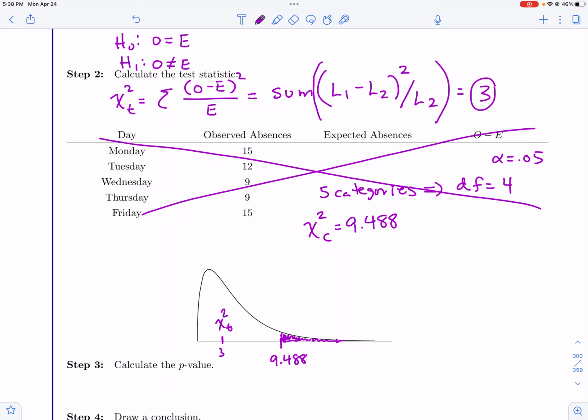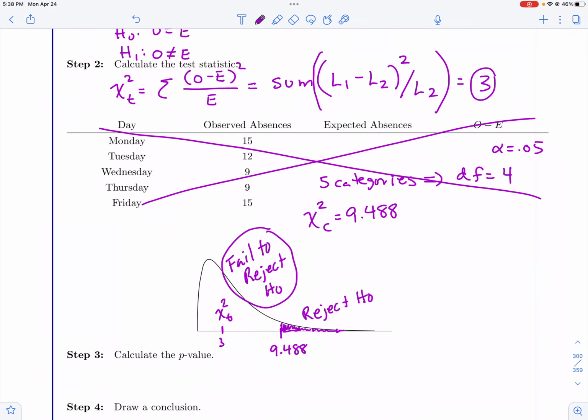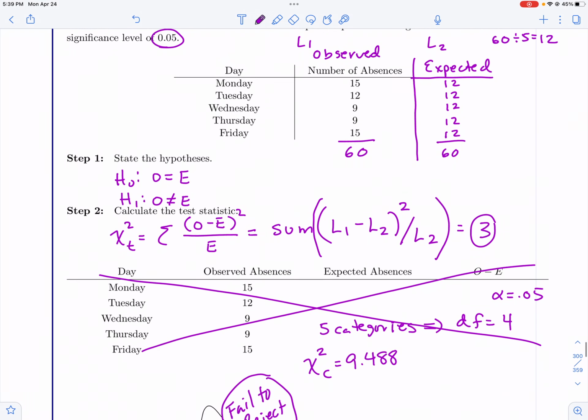And so again, just like before, if we're in the shaded, we reject H naught. If we're in the white, we fail to reject H naught. So according to this, it looks like we're going to fail to reject H naught. It doesn't look like there's significant evidence to prove that there's a difference between the observed and expected.